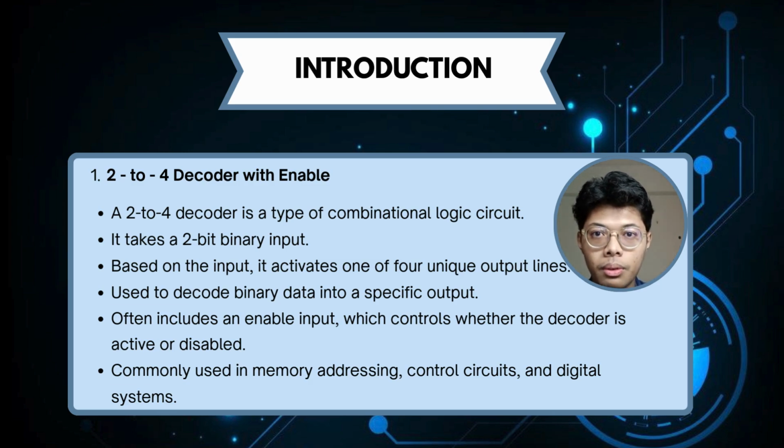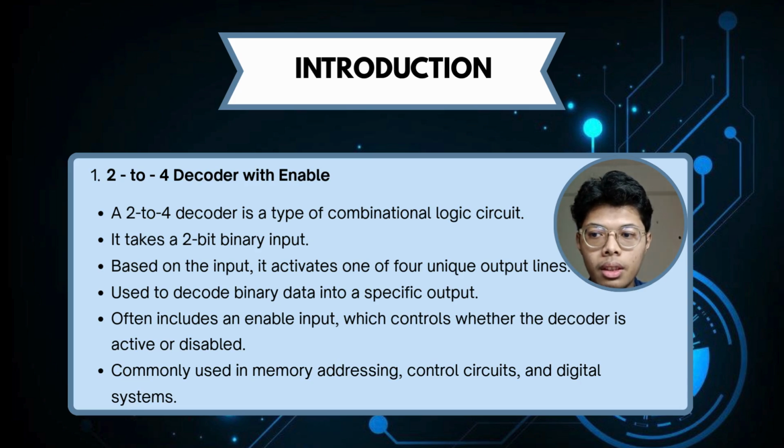I will explain briefly about the introduction for the 2 to 4 decoder with enable. A 2 to 4 decoder is a type of combinational logic circuit which takes 2 binary inputs, and based on the input it activates one of 4 unique output lines.